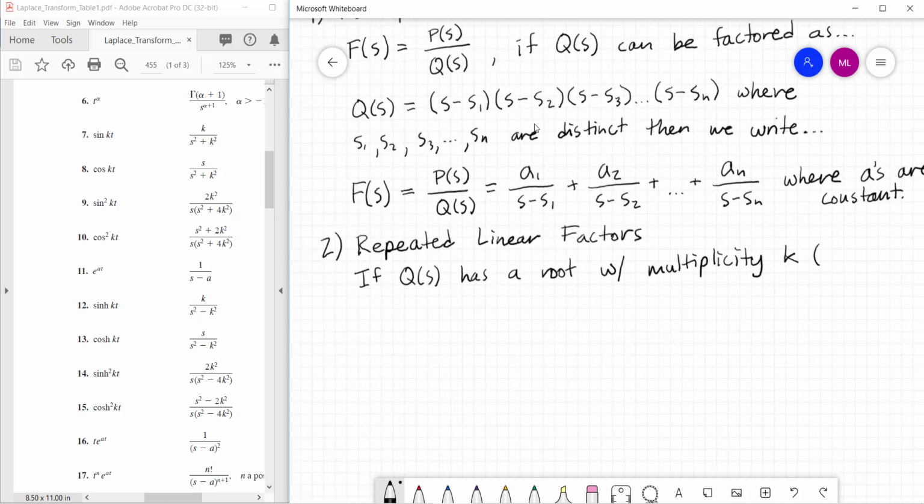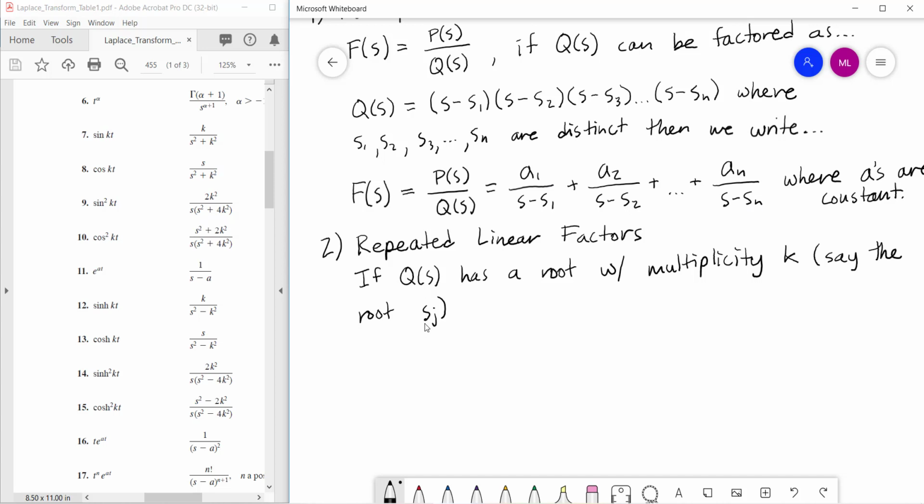And say the root that we're interested in is s sub j. These other ones we called s1, s2, up to sn. Let's say s sub j is the one that has this multiplicity. Then it turns out that we replace the terms involved with this sj root with a different factorization.